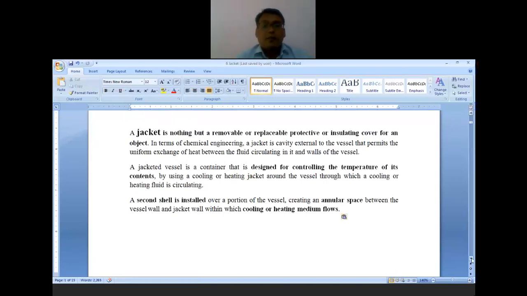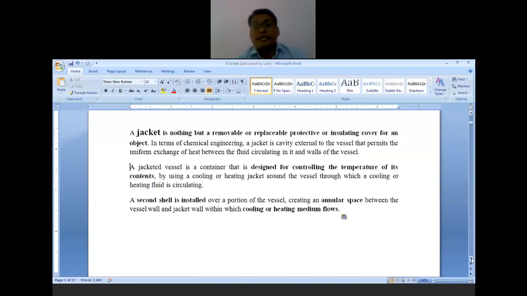Now the jacket, in general terminology, is nothing but a removable or replaceable protective or insulating cover for an object. However, in chemical engineering, the jacket is a cavity external to the vessel.